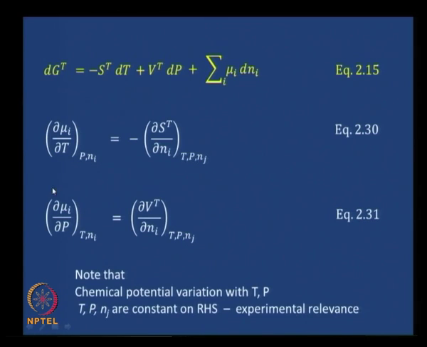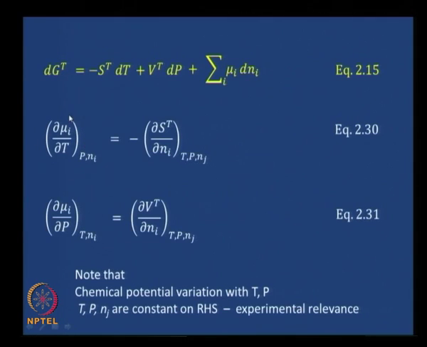There was a reason why we chose to compare these two and these two and actually use dGt to do it. If you recall, we have dGt with variation of T, P and ni, which are easily measurable variables. If they are easily measurable, then you can do experiments with them quite easily.